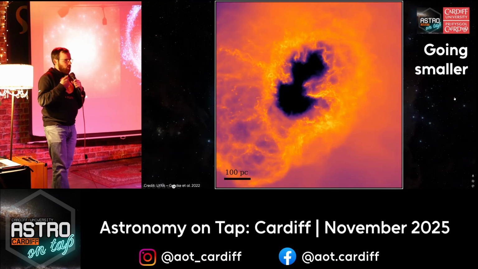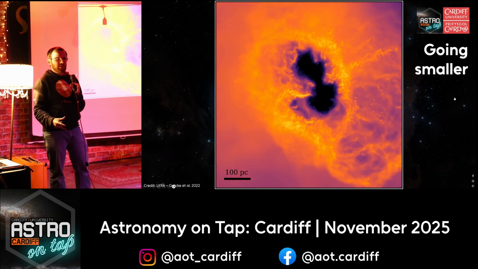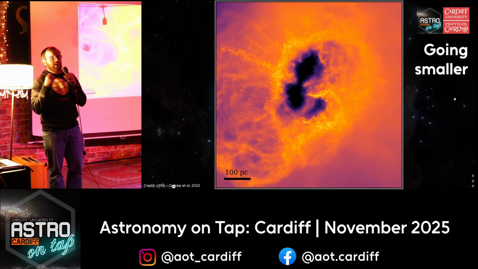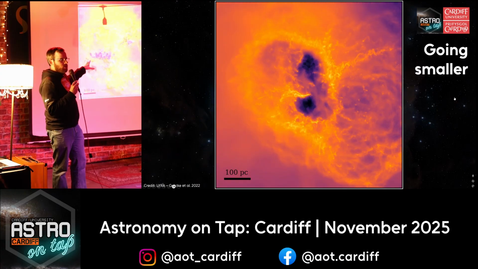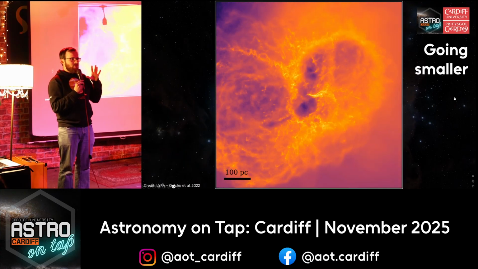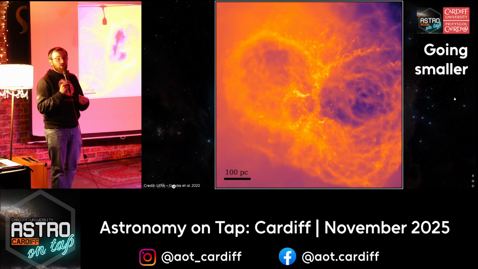We can keep going. We can look at dwarf galaxies and get down to about 4 times the mass of the sun, which is a lot better. You can get a lot more detail there, but it's hideously expensive to do. For this simulation, we've got down to this 4 solar mass resolution, but we've only done it for the smallest galaxies, something 100 times less massive than our own.